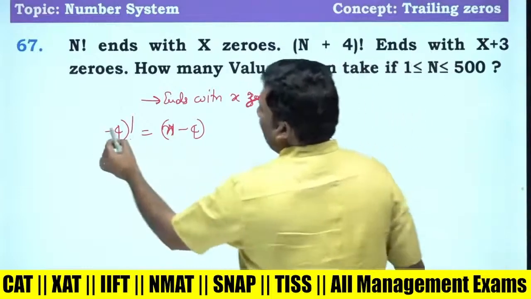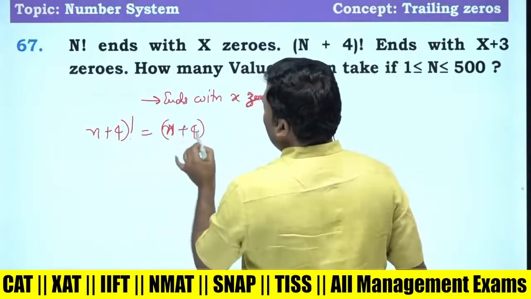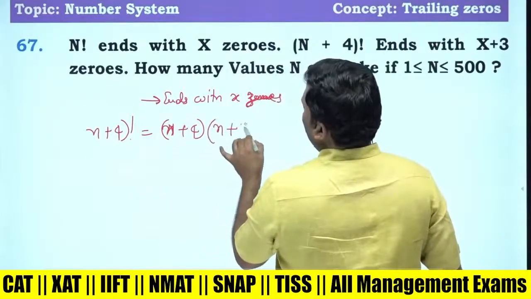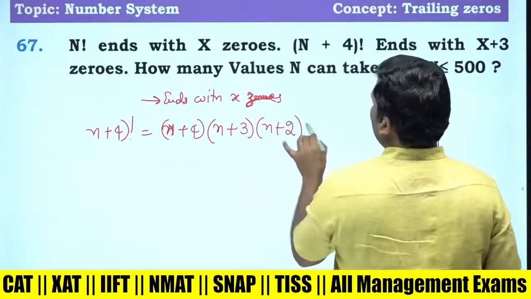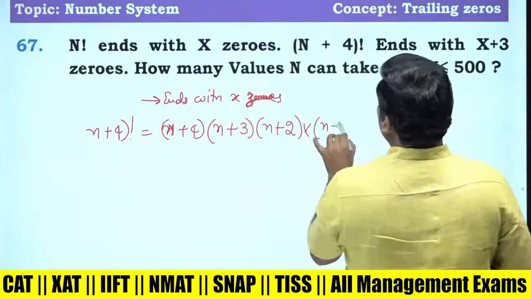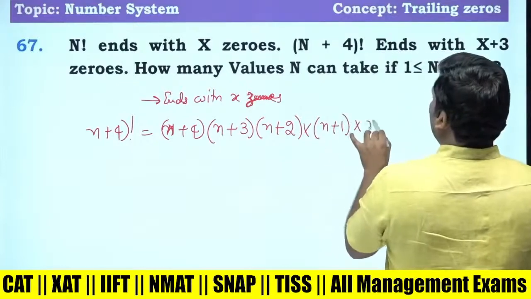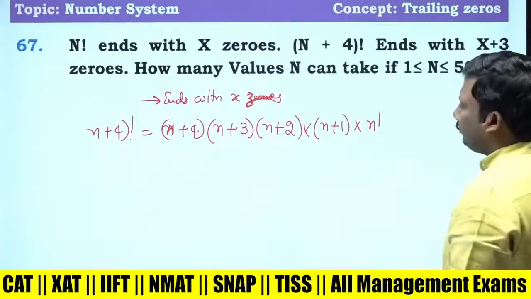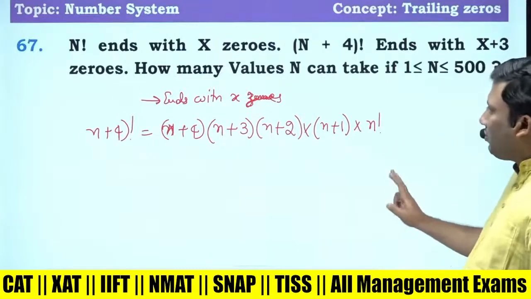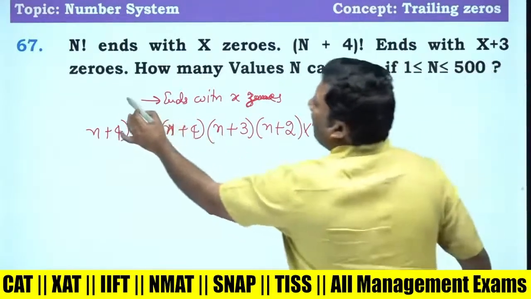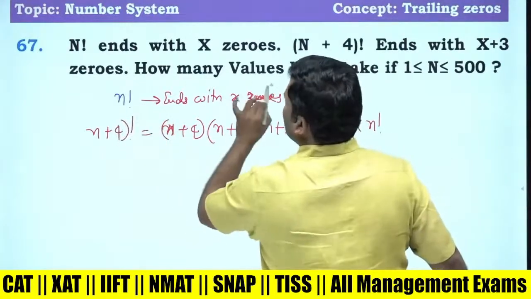So n plus 4 factorial is n plus 4 into n plus 3 into n plus 2 into n plus 1 into n factorial. N factorial is ending with x zeros.